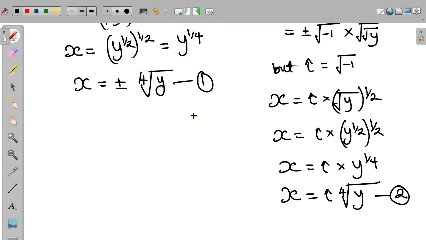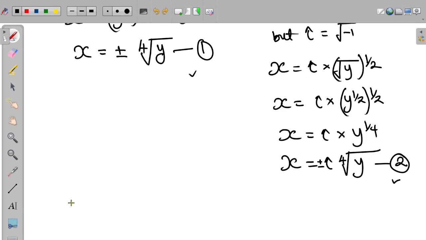So we have obtained equation 1 and we have obtained equation 2. So don't forget to place your plus or minus here. So at this point, 4 solutions have been obtained thus far. First, we have that x equal to plus or minus 4th root of y.